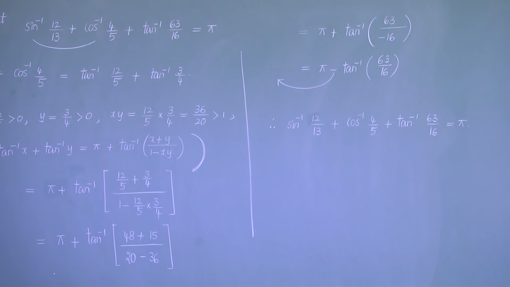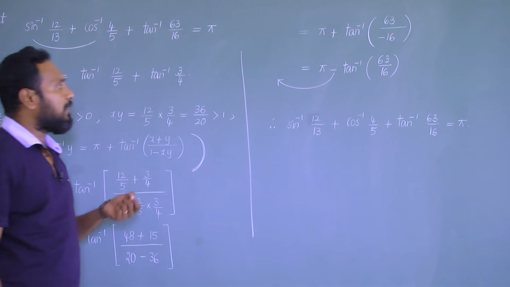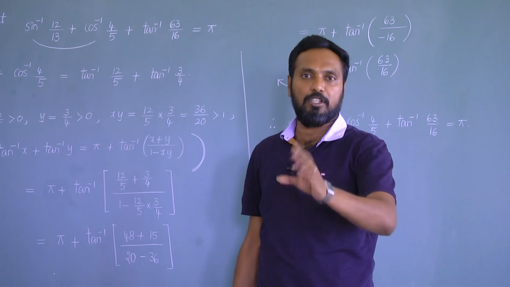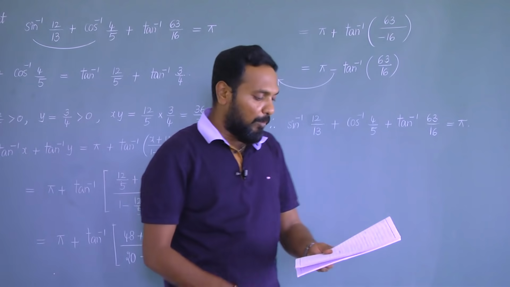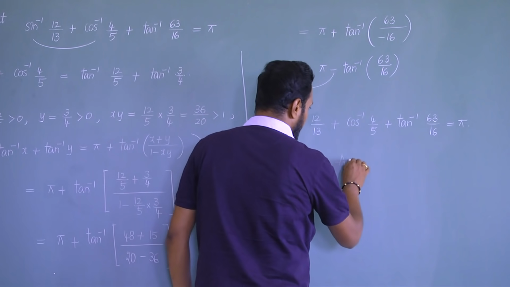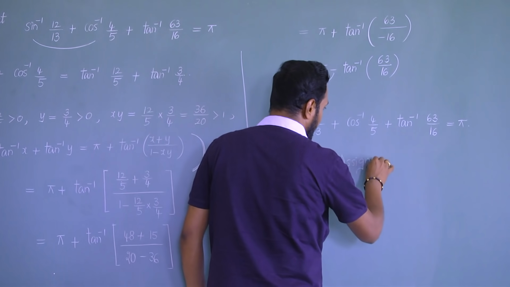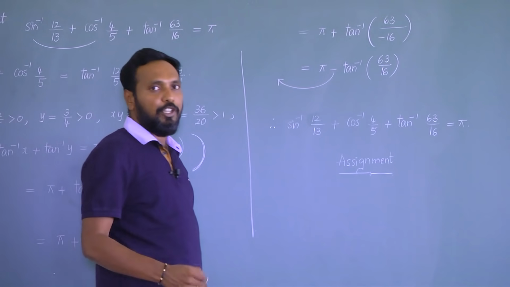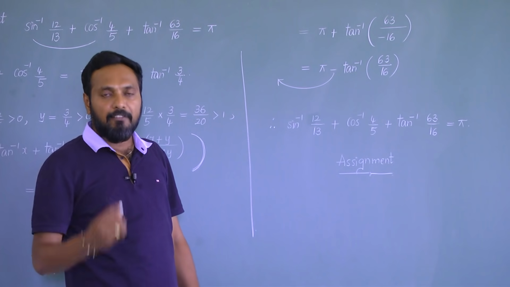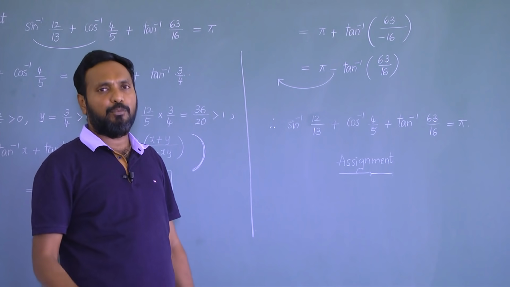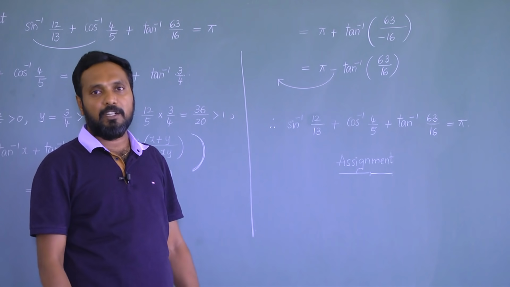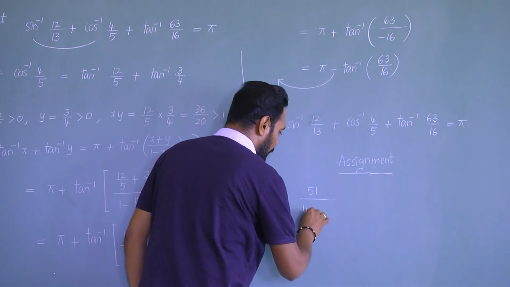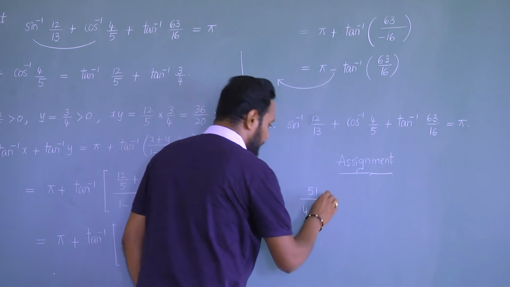So with this problem, we have completed the problems based on the model, prove that or show that LHS equals RHS. Based on this model, I am giving 3 problems as assignment. 100% these 3 problems should be worked and solved by each and every student to get confidence in this particular model. 51 page number, 467.